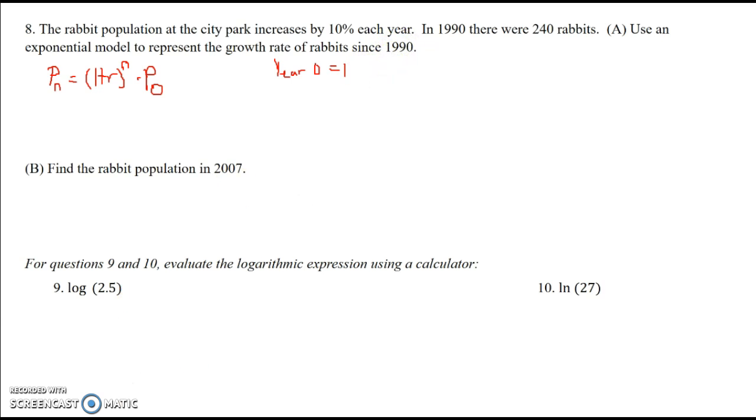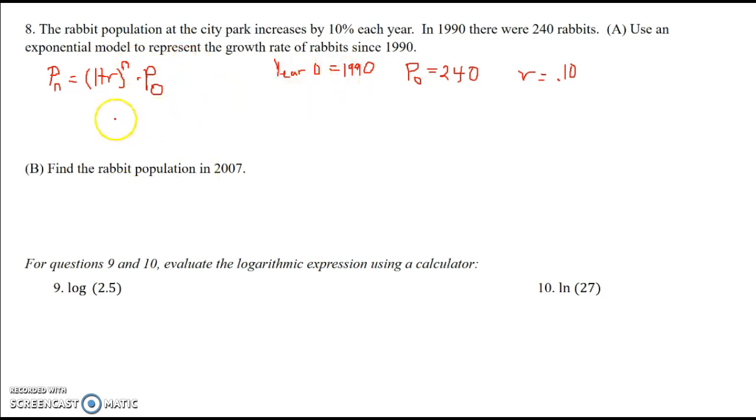So P sub 0 is equal to 240. I know that the rate r is 10%, so it's 0.10. So I can fill that in.